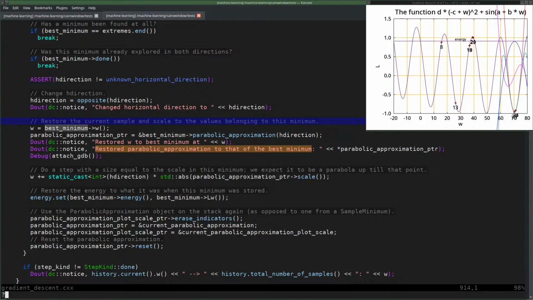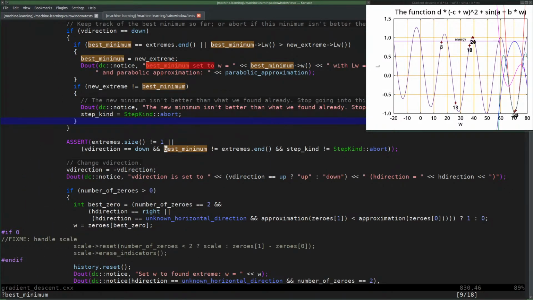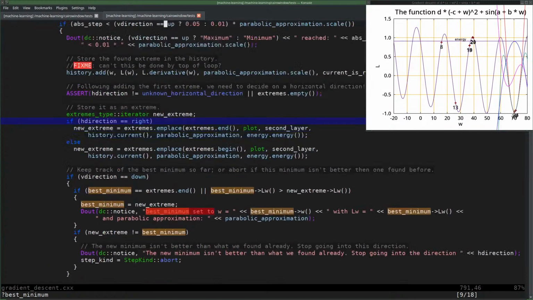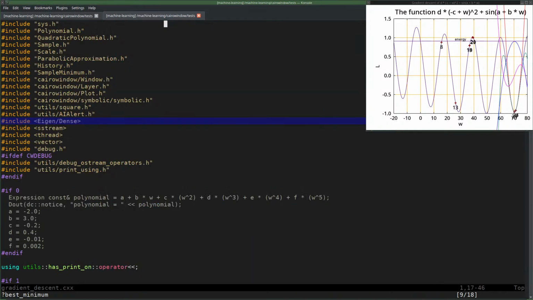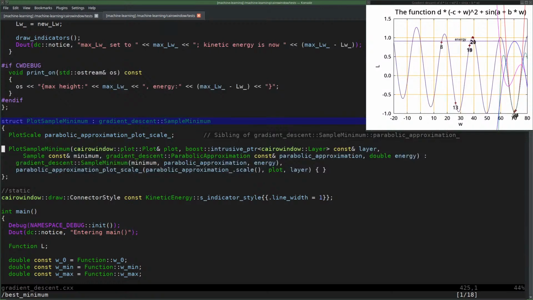Best minimum is an iterator. The extremes type, which is a list of plot sample minimum, which is derived from sample minimum. That's what we store, right?